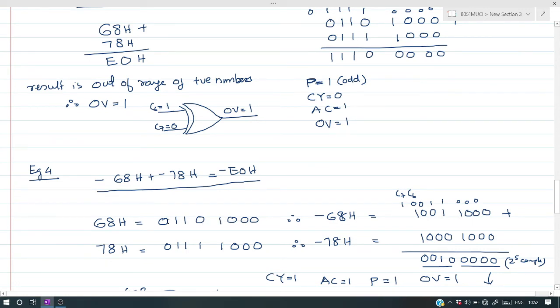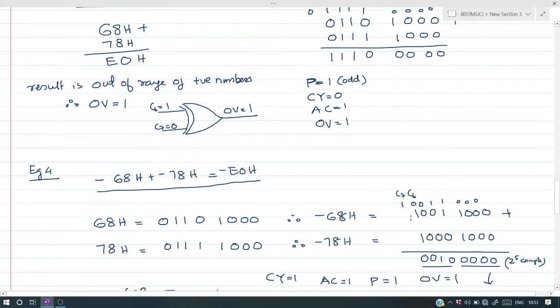Then after that, we take the complement of these bits like this. Then similarly, for this number, we copy up to the first 1 like this. Then we take the complement of these bits. 1's complement is 0, this 1's complement is 0, 0 and 1. Then we add these two 2's complement numbers of 68h and 78h.